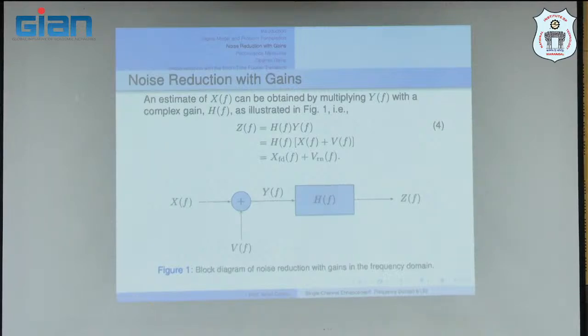In the other frequencies, if you don't have desired signal, H will be 0. In frequencies where the SNR is high, H will be closer to 1. If the SNR is low in some frequencies, H will be lower. So you can get total noise reduction, especially in frequencies where you don't have the desired signal or where the signal is weak compared to the noise.